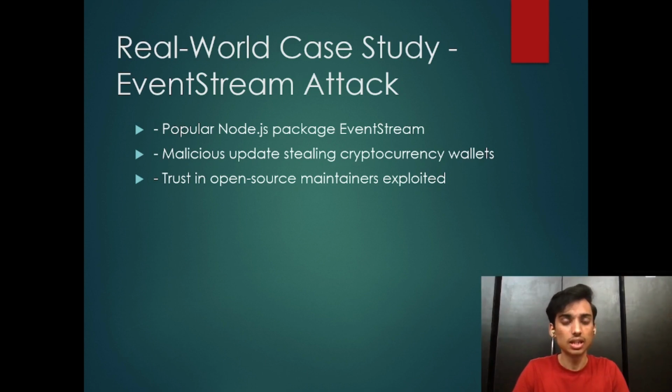An attacker gained control of the repository by convincing the maintainer to transfer the ownership. They then injected a malicious update that specifically targeted cryptocurrency wallets. Since developers trusted this event-stream package, they unknowingly installed the compromised version, leading to real financial losses.